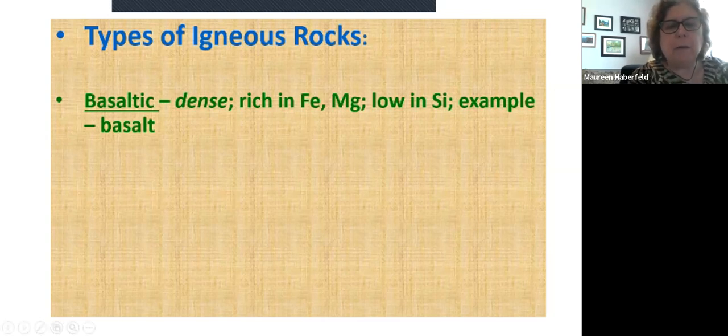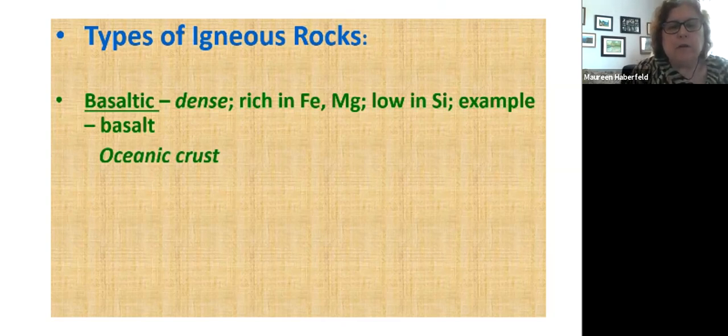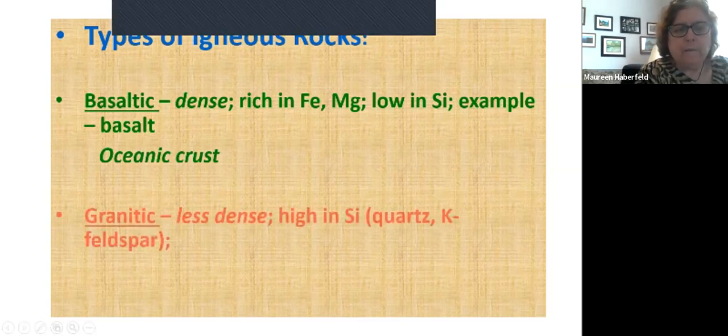The most common example of that is basalt, which is of course fine grain, but there are also coarse grain varieties of this composition of rock. We won't get into all the names of those. One important thing, because we're going to talk about plate tectonics in a few minutes, is to remember that the oceanic crust, the rocks underneath the ocean, is primarily made of basalt, which is a dense rock again, and that's going to explain some things in plate tectonics.